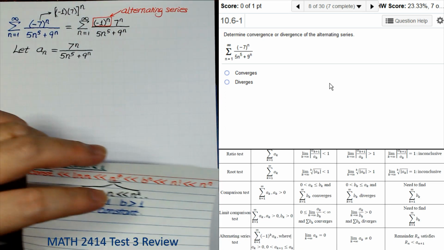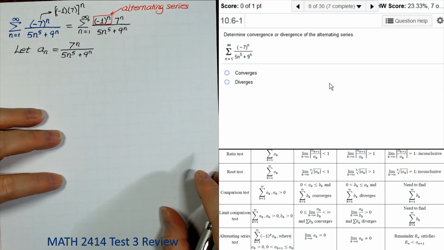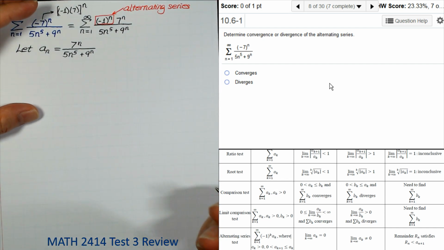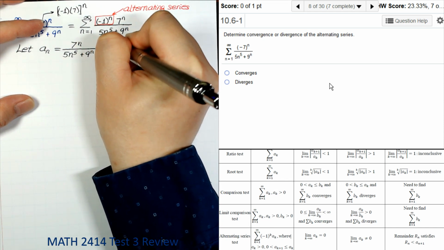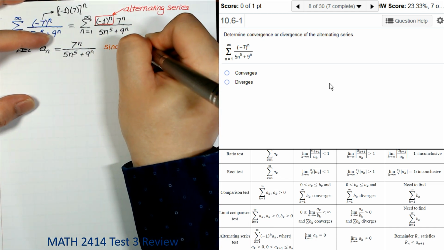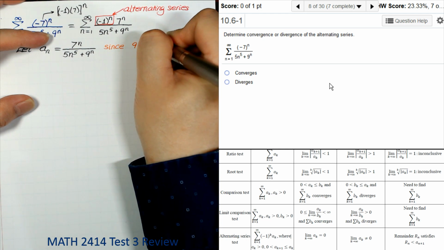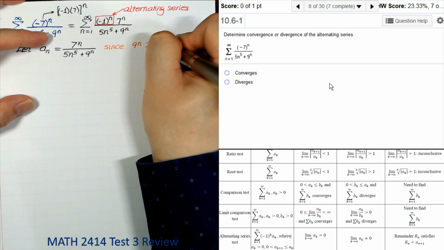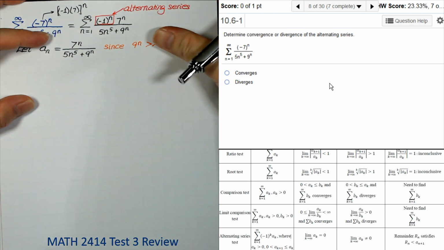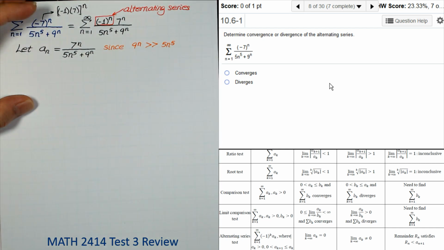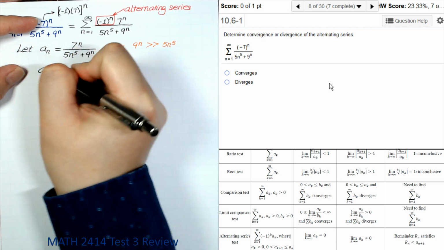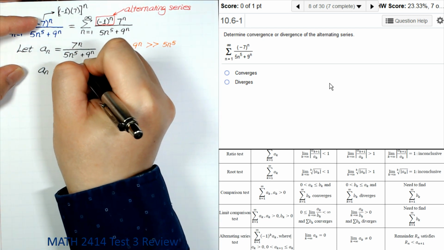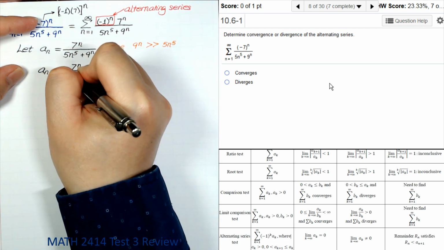Now we will make that tiny change and we can improve our situation by a lot. So since that is significantly bigger than, we just ignore it. So instead, a sub n will be just 7 to the n over 9 to the n.